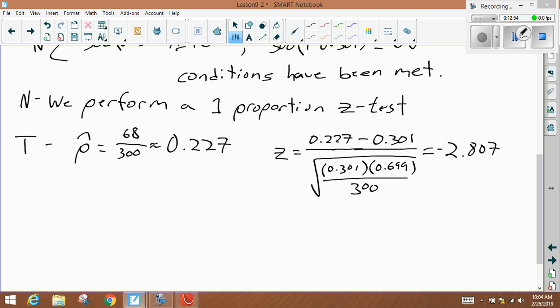Okay. Let's obtain a p-value. So what are we looking at for our p-value? We'll draw a picture of our normal curve.